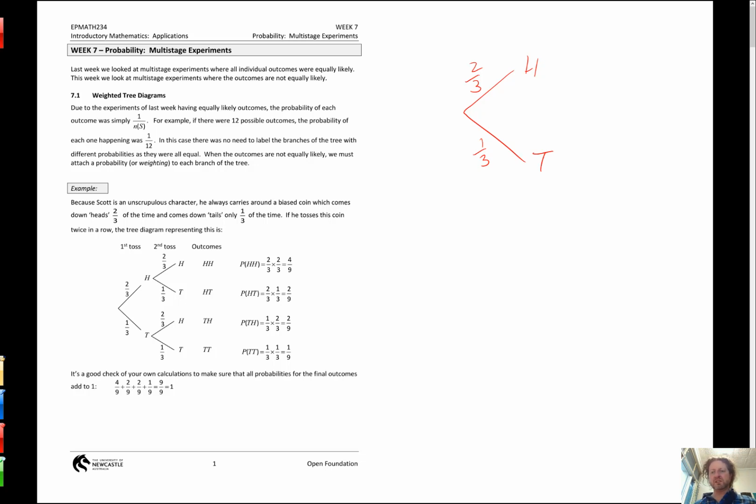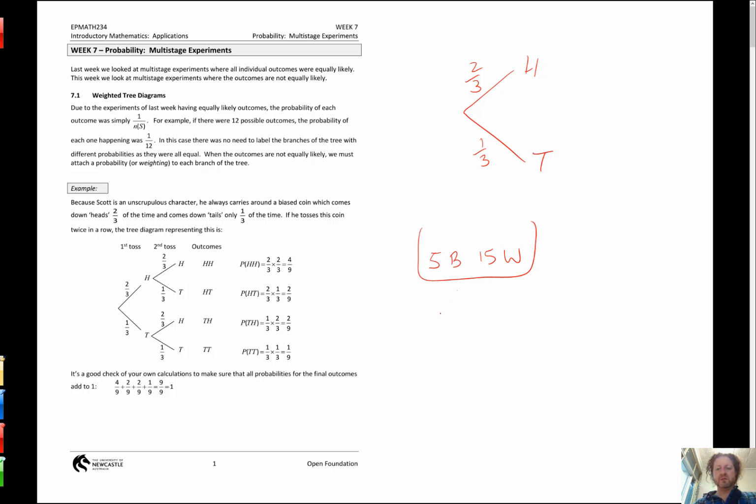Now, this is also space saving and time saving. Say I've got a barrel. Maybe I've got 5 black balls in there and 15 white balls. I'm going to select one out of the barrel.